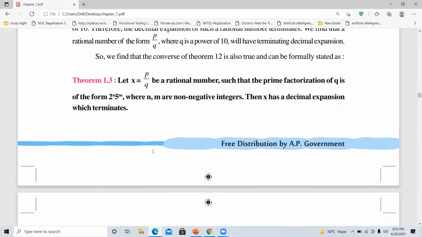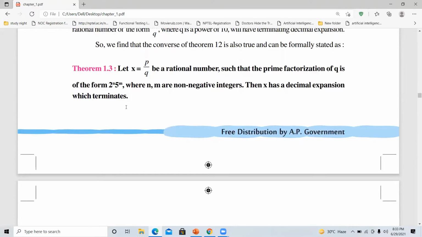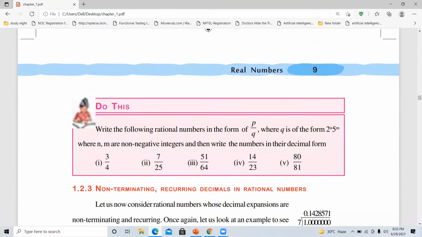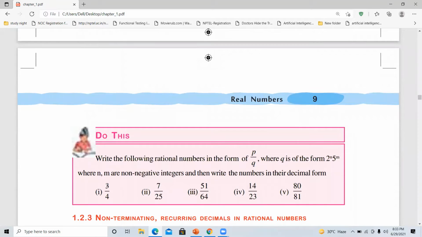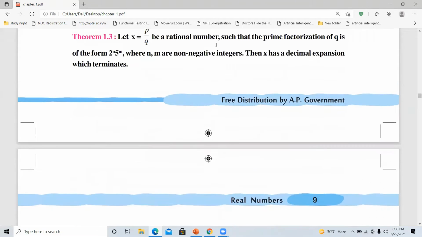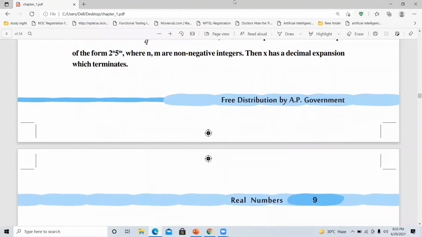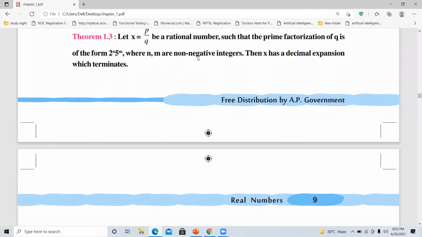For example, they have given a value x as p by q, where the prime factorization of q must be equal to 2 power n into 5 power m. So let's take an example: 3 by 4.